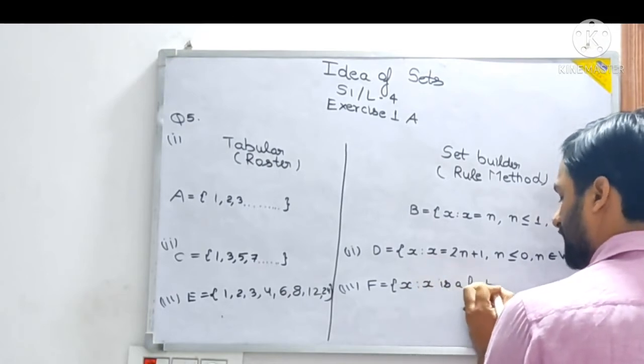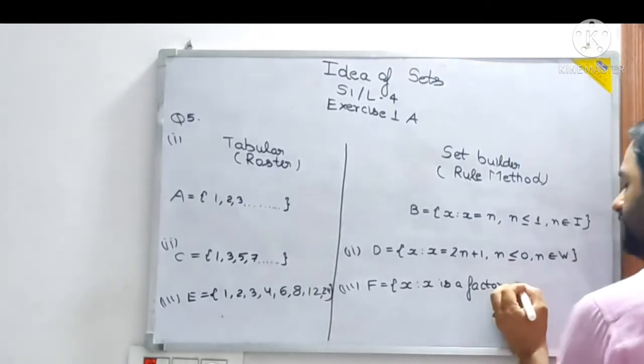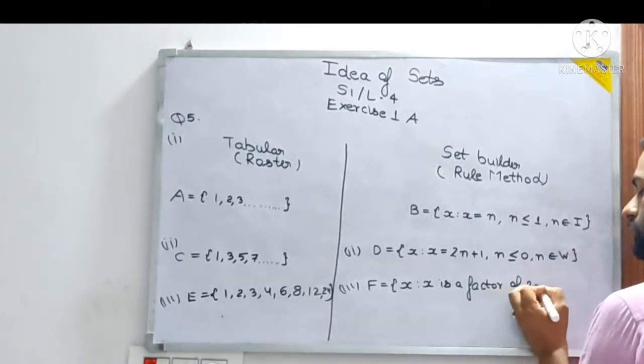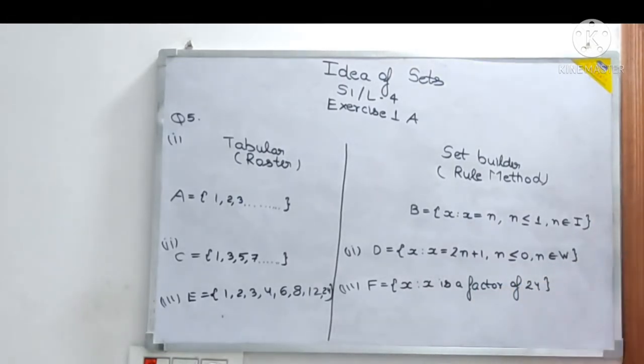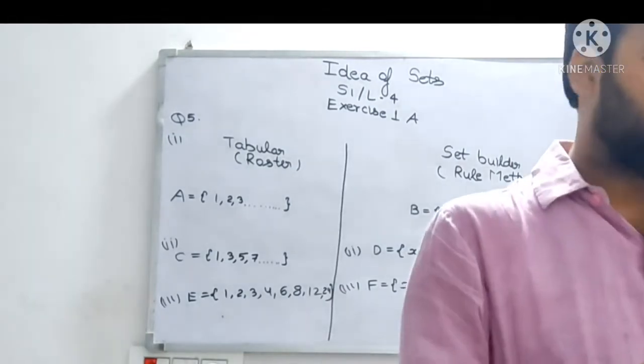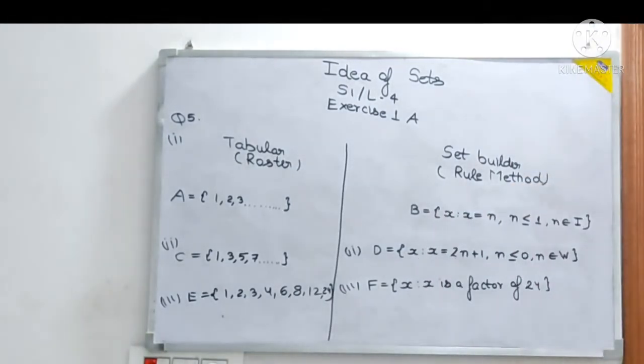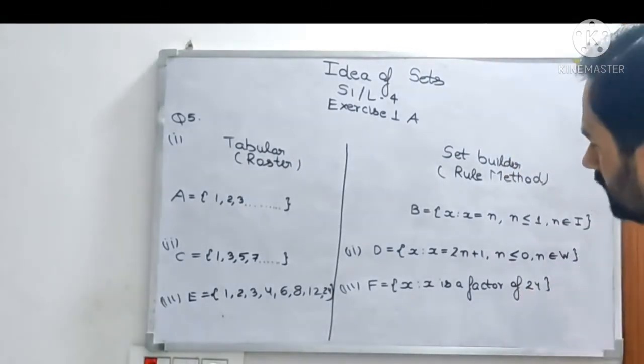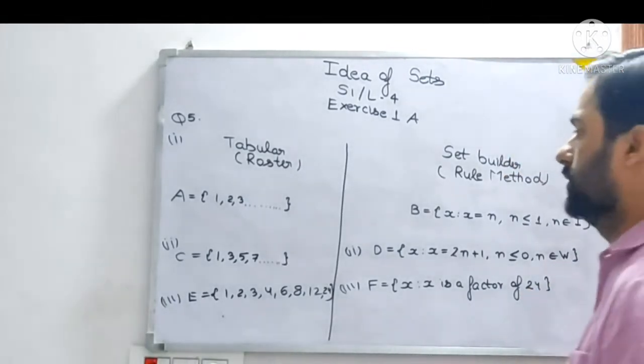We did a question like this yesterday. These three parts are clear to all. Then let's see the next one. The fourth we can do here only, but let me rub this out.